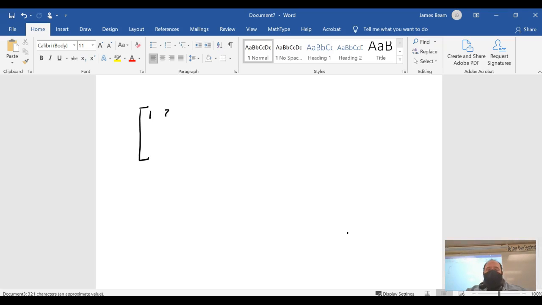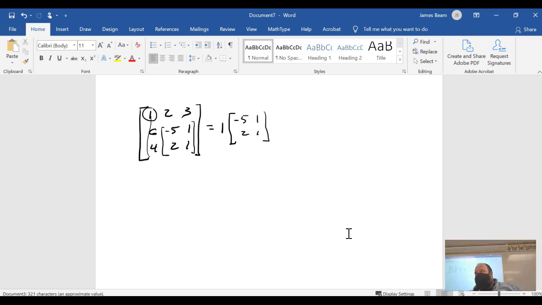If I had 1, 2, 3, 6, -5, 1, 4, 2, 1, you could pick the first row, take this number 1 and find the determinant of the piece that's not in that row or column. This is going to get really exhausting.